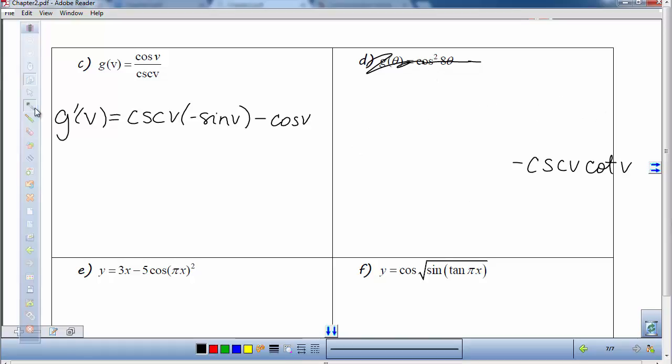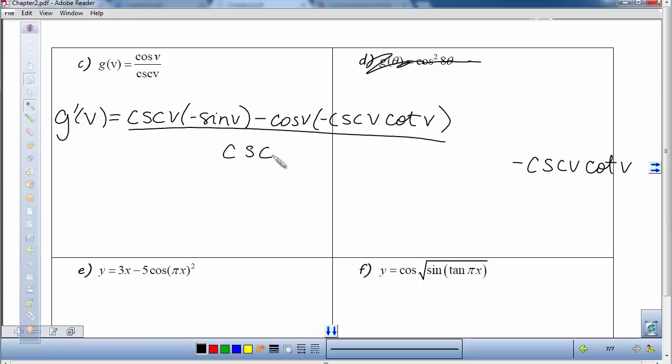So there's going to be negative cosecant v times cotangent v all over low squared. Notice how I wrote the denominator squared. It was the whole thing squared, so the square goes on the cosecant. Okay, so that's the derivative.